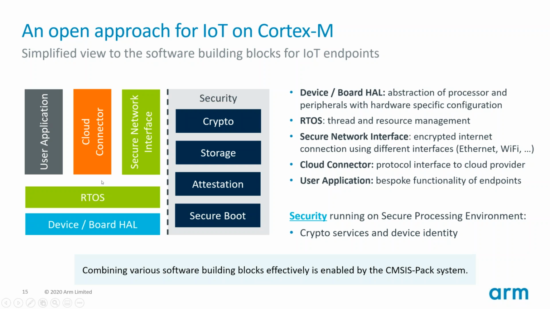The cloud connector brings the protocols required to connect to the specific cloud, and the device logic is finally implemented in the user application. So, all that is componentized and configurable and available for users to choose from, with just the main logic required to be implemented in the user application.